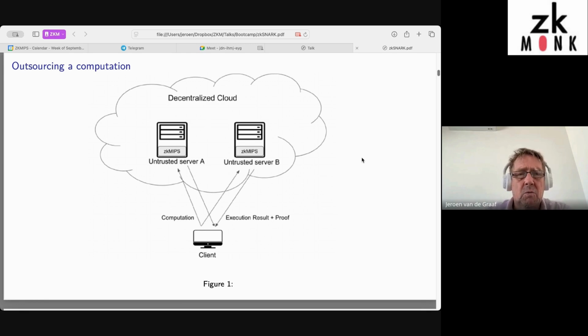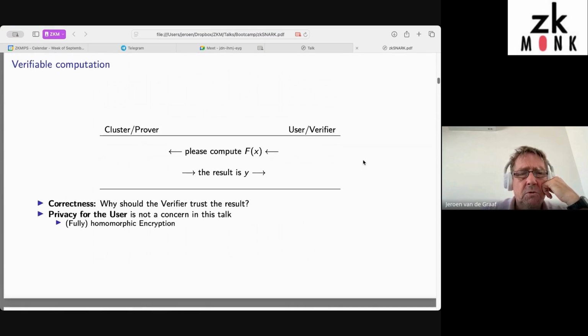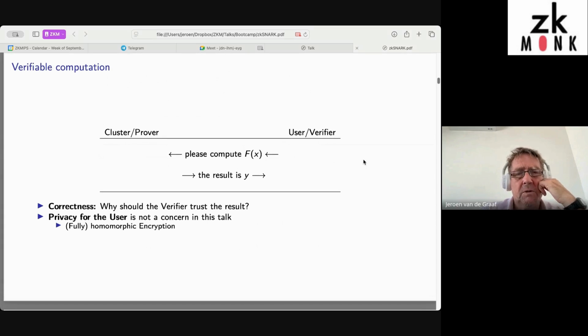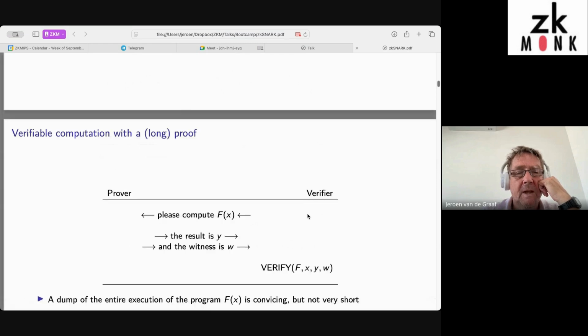What we want is for the client to outsource a computation, but we want to do this verifiably, in the sense that: why should the user trust the result? This is the problem that we are trying to solve in the context of verifiable computation.